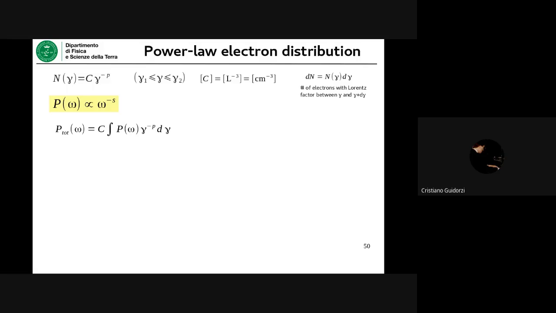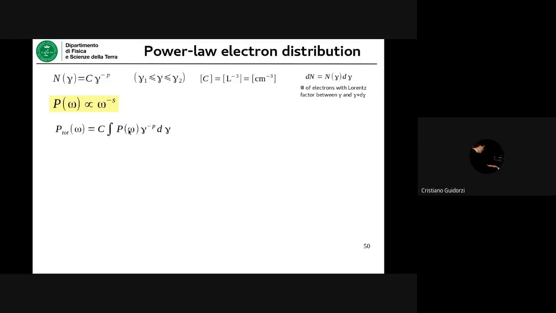So let's see from a qualitative point of view what I am expected to do. Well, of course, for the resulting spectrum you have to integrate the power of each electron times how many of them you have. How many you have is just N(gamma) d gamma, and N(gamma) is C gamma to the minus p. And of course, P as a function of omega has in itself a dependence on gamma.